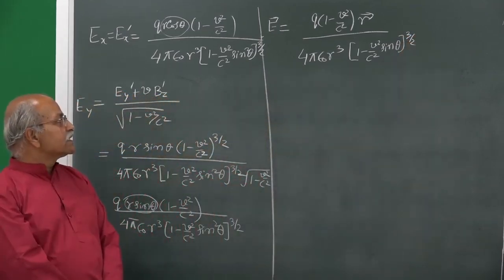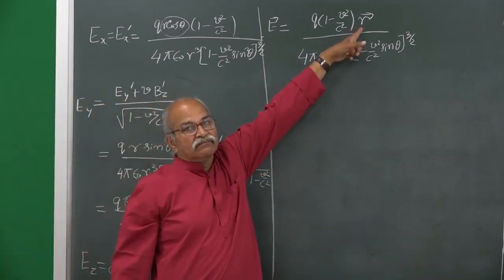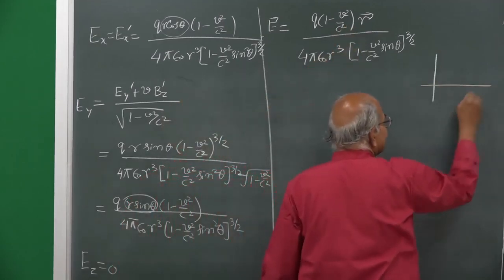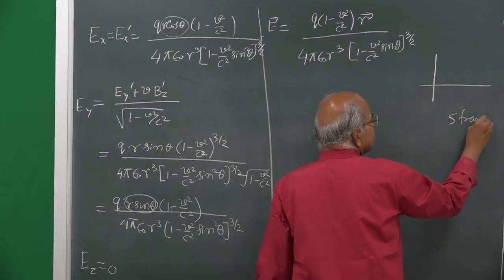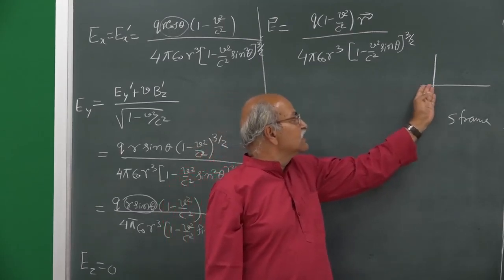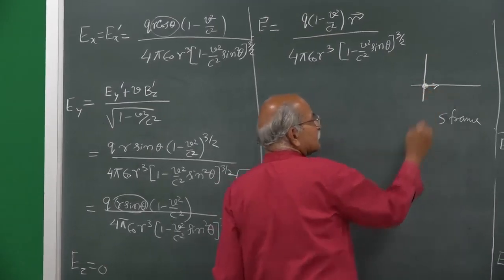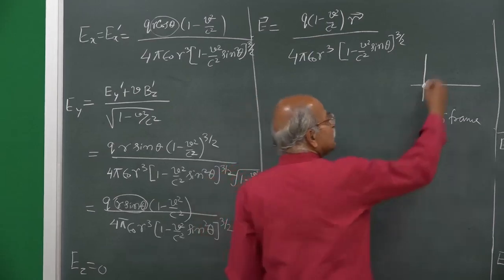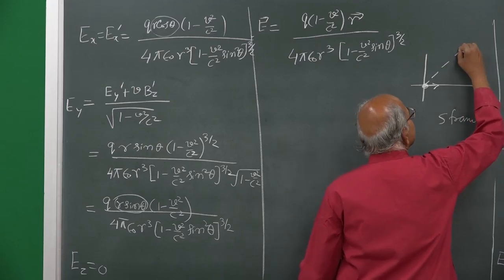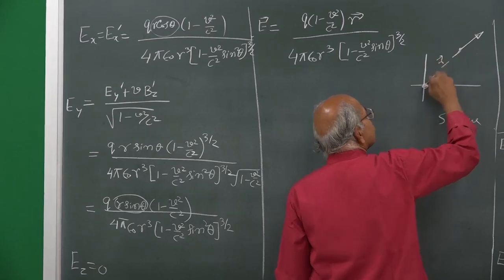So, what you see is that the electric field is in the direction of position vector r. That means, if I have this picture, now I am drawing in the S frame, the particle is coming from, say, the negative x axis side and then it is going this way. When the particle is here and going in this direction and you need the field here, the direction of the field is radial, in the direction of this r vector.